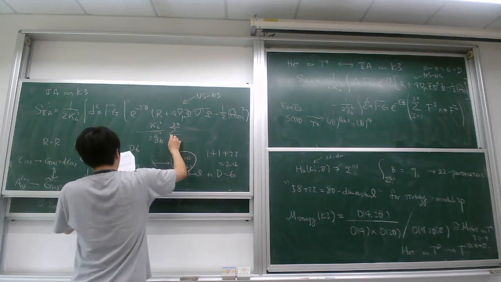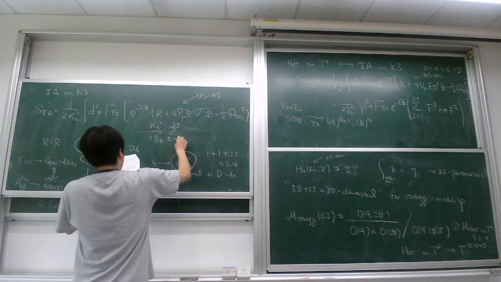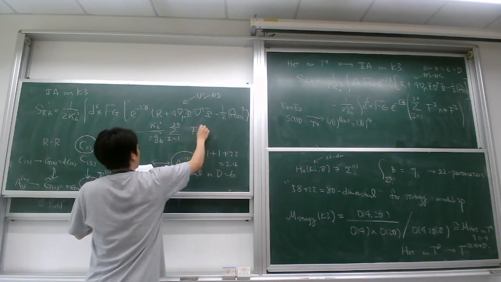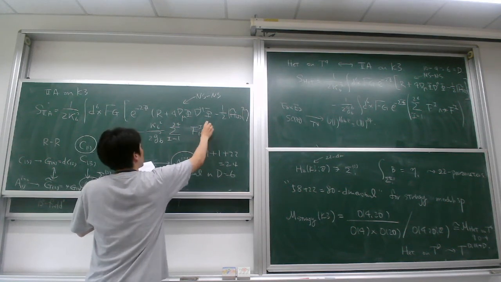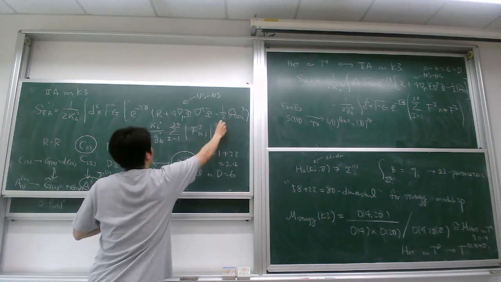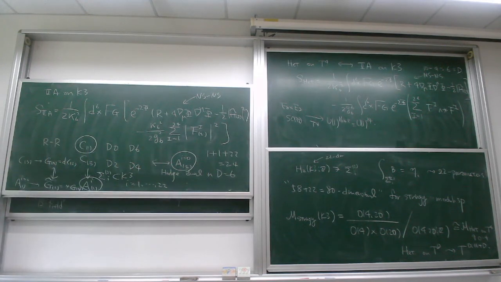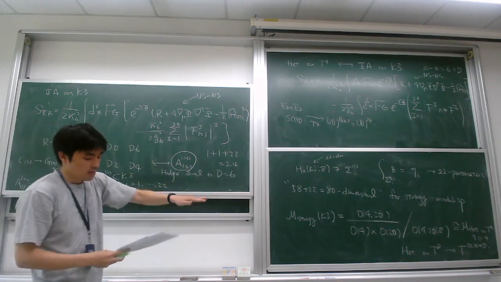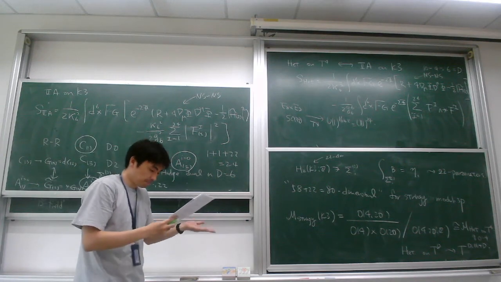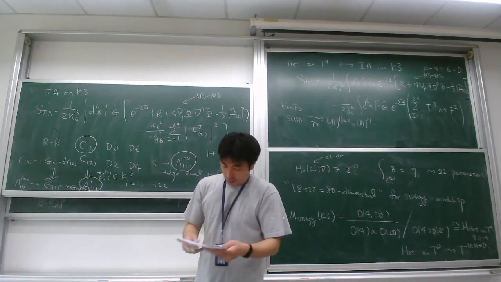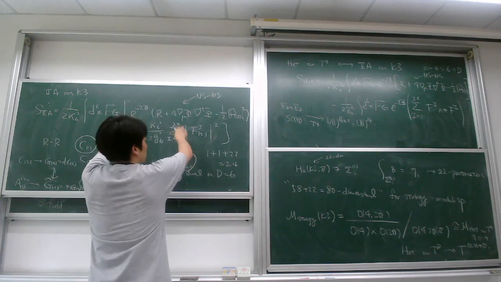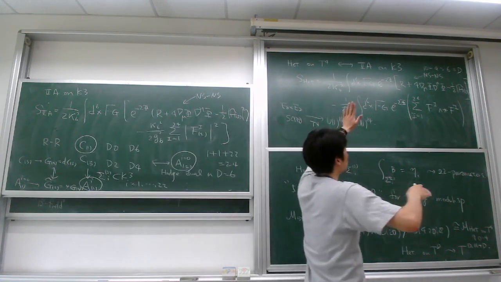24, and the I stands for 1 to 24, F_I squared. After field redefinition, up to a factor of some dilaton scalar field, you can just identify this supergravity action with that supergravity action.